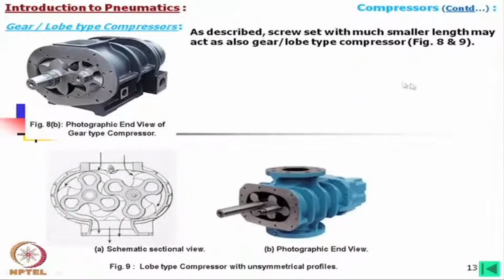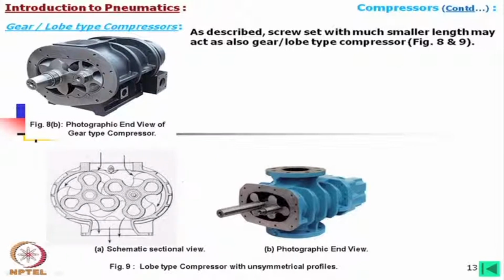Now, here again I have shown some, say this is gear type and similar is the lobe type, but in case of lobe type usually both the profiles are same and the number of lobes will be same, but the basic principle of lobes and gear is the same, and you will find inlet outlet is like that.